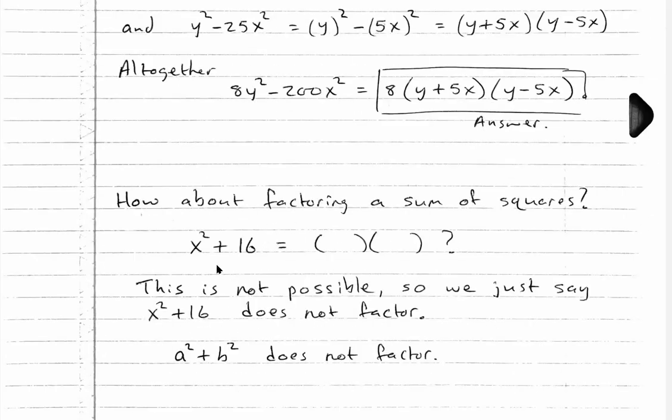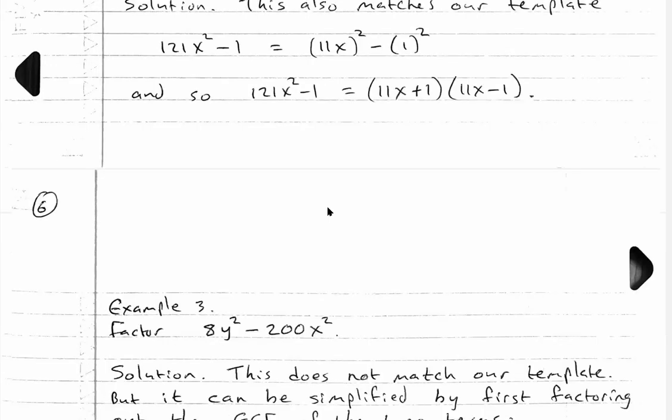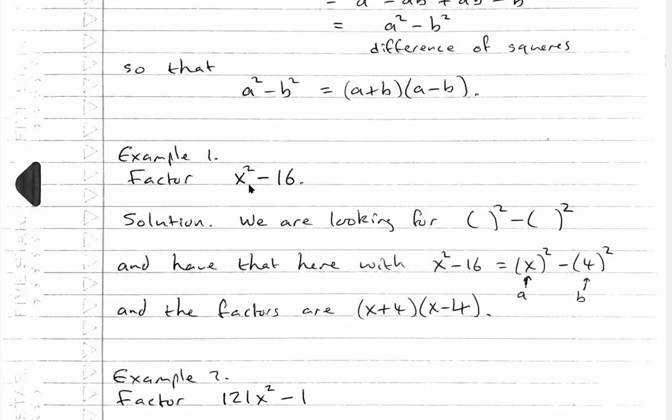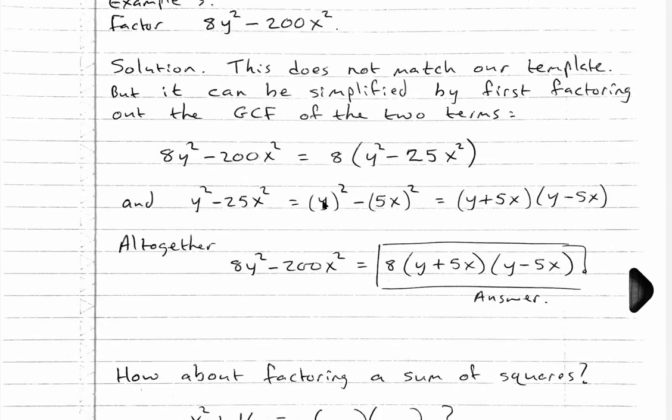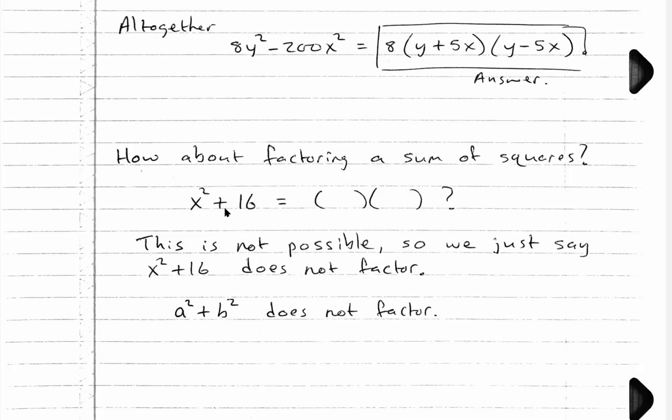And just to mention, we've been working on differences, x squared minus 4 squared. How about factoring a sum of 2 squares, so x squared plus 4 squared? What are the factors for something like this? Well, in fact, it's not possible to factor a sum of 2 squares, so it has to be a difference.